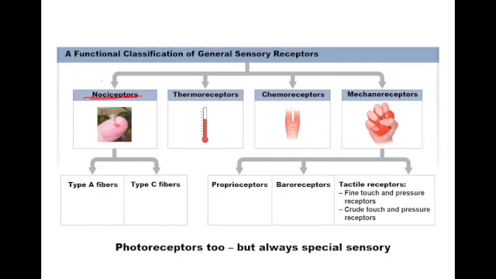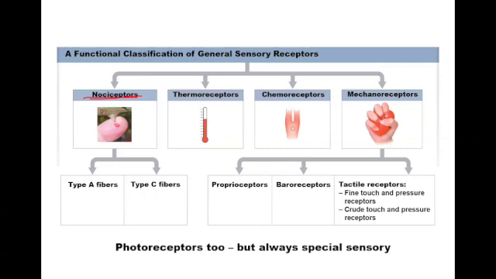Or at the same time, you might feel the pain of something that's really cold, right? So a very specific type of nociceptor are those that would respond to the damage of temperature pain. But then there would also be nociceptors that would be able to pick up on mechanical damage, like crushing pain. And then there are other nociceptors that would be able to pick up on chemical damage as well.